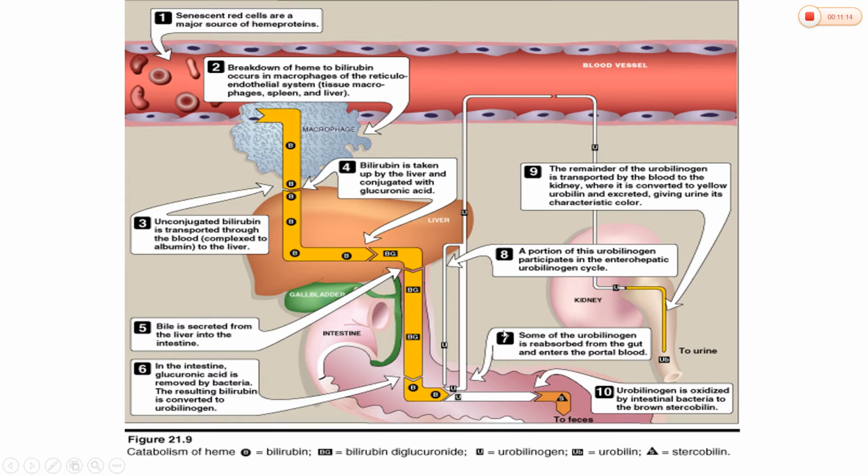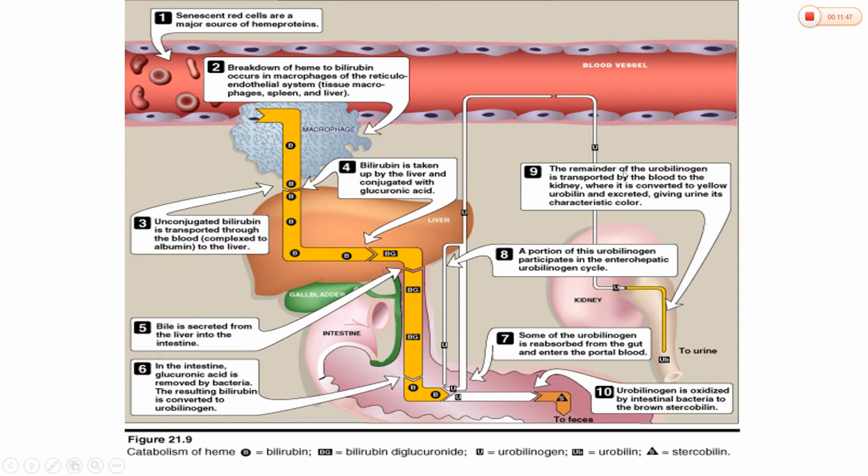Further, some of this urobilinogen is reabsorbed in the gut and enters the portal blood, and another portion participates in the enterohepatic urobilinogen cycle. You can see the cycle here. Or it enters the bloodstream, and finally through the kidney it gets excreted.